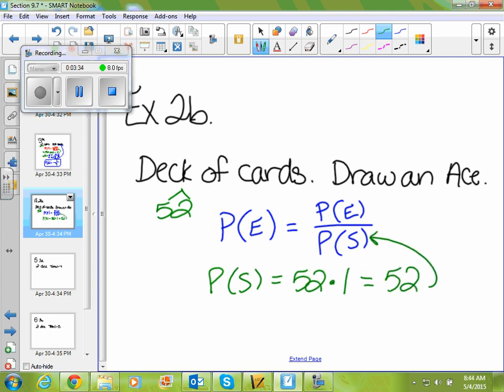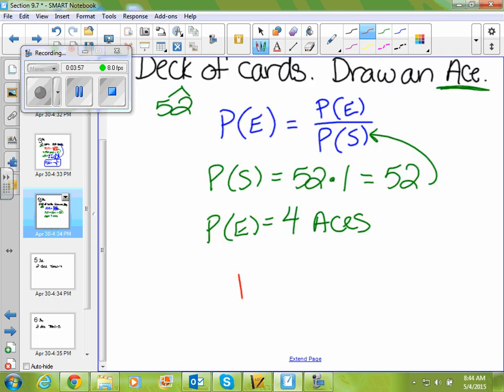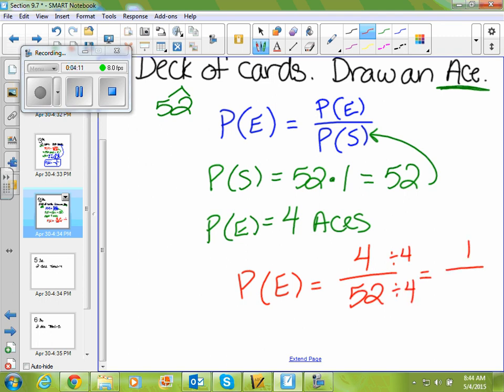I know my sample size is a total of 52 different options. If I'm looking at just the aces in my deck of cards, there are 4 aces total. So my probability of my event is equal to 4 divided by 52, which can reduce by 4 to give me 1 over 13.